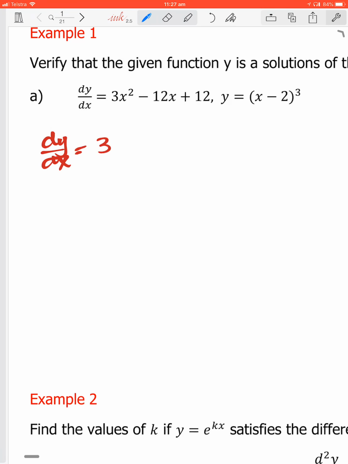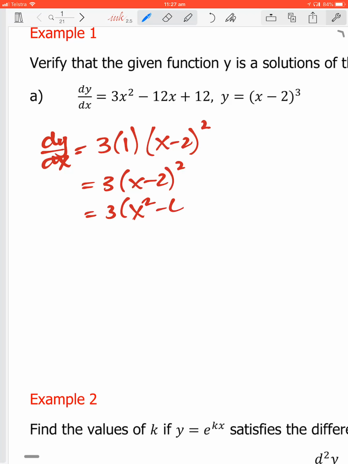We get 3 times the derivative of x minus 2, which is 1, times (x minus 2) squared, i.e. the chain rule: 3(x minus 2) squared, which is equal to 3(x squared minus 4x plus 4), which is 3x squared minus 12x plus 12.